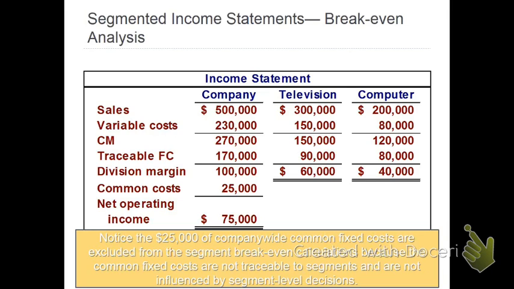Notice that we didn't include the $25,000 in company-wide fixed costs in our break-even point. We were only figuring out the break-even point for those two divisions.